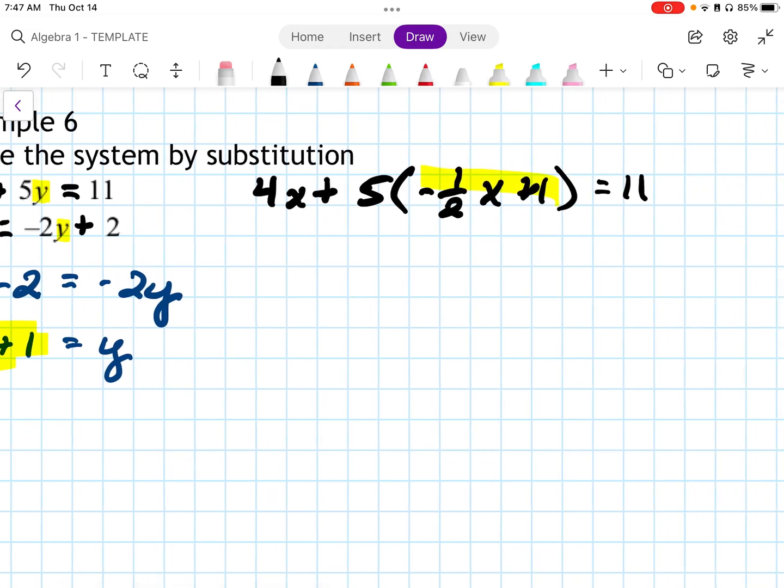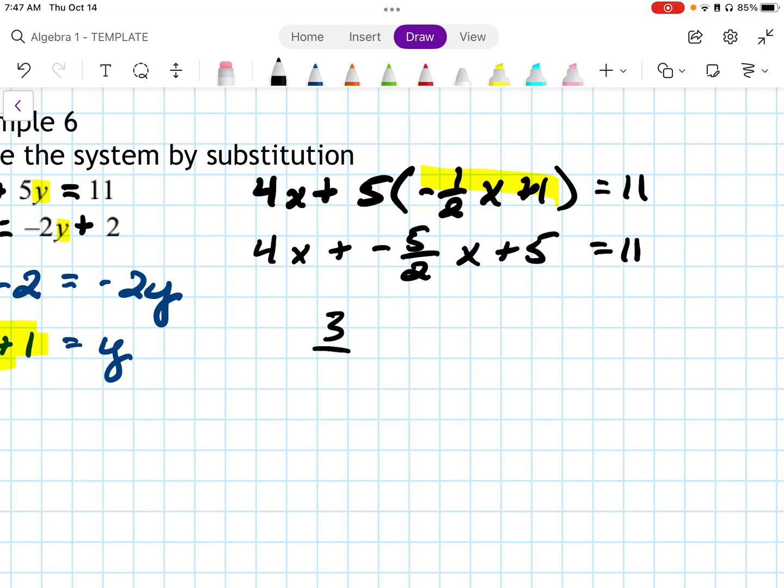Looks like we're going to end up with a fraction here, but we're going to have 4x plus negative 5/2 x plus 5 equals 11. 4 minus 5 over 2 is 3/2. So this is going to be 3/2. Is this negative?